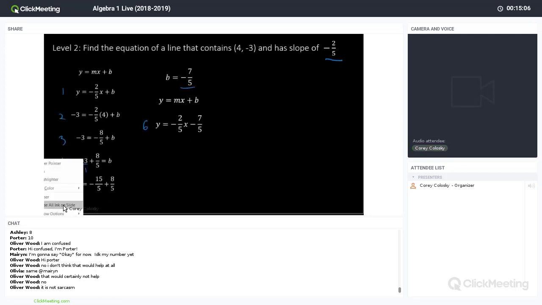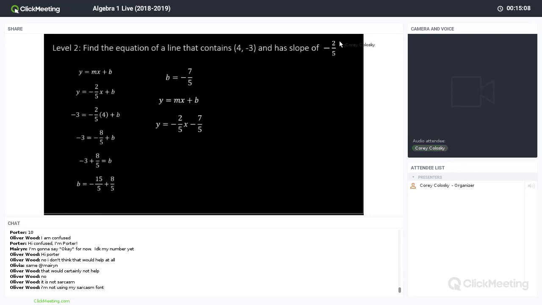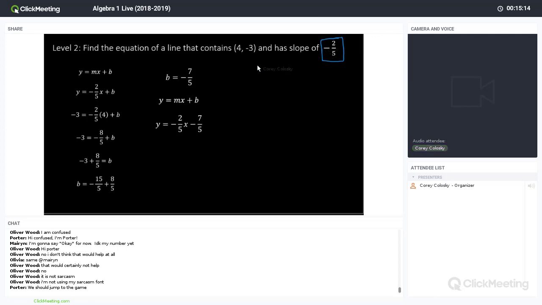So I guess to recap, this might be helpful. To recap what we did, we plug in what we know. So we know slope, we can just plug that right in, right? So we have -2/5 x plus b. Okay? So if we know that, the only other thing we need to figure out is what is b.